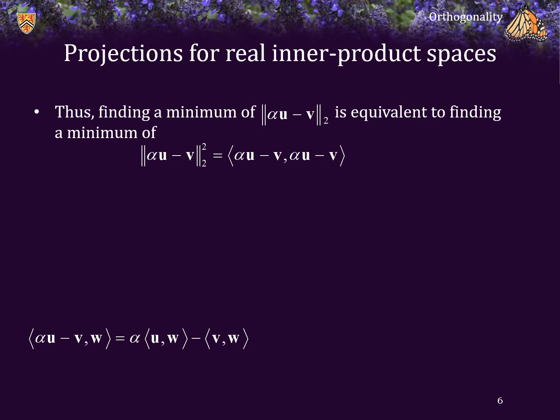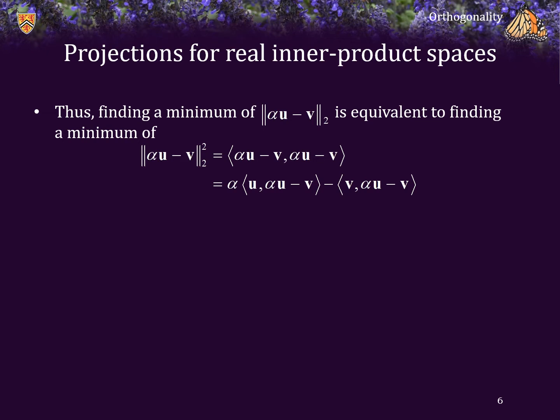Well, that's what we have here, except let us just treat the second argument as w. So in this case, we just have alpha times the inner product of u and that linear combination minus the inner product of v and that linear combination.